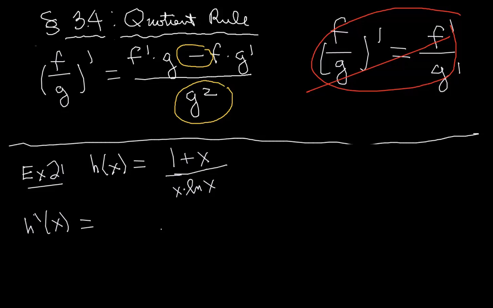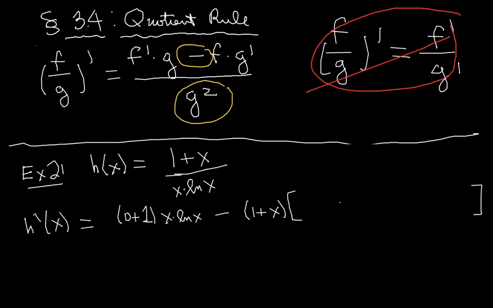The quotient rule says the derivative of the top, that's going to be 0 plus 1, times the bottom, nothing happens there, minus the top, 1 plus x, times the derivative of the bottom. I'll put a big box here. The derivative of the bottom is going to require us to take the derivative of x times ln x.